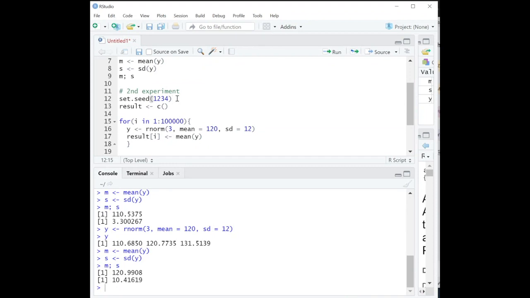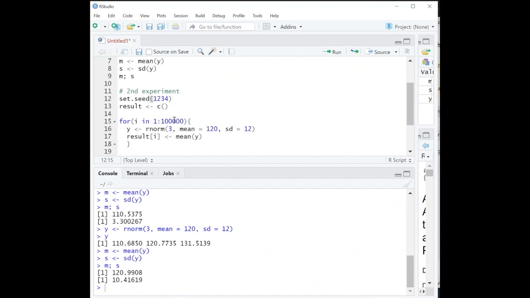Now, a swift comment, it's in order. What are we doing here? We set the seed, we created an empty vector, then we told R to do the process between the curly brackets 100,000 times.